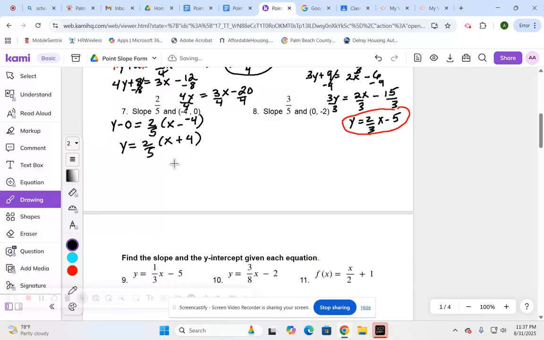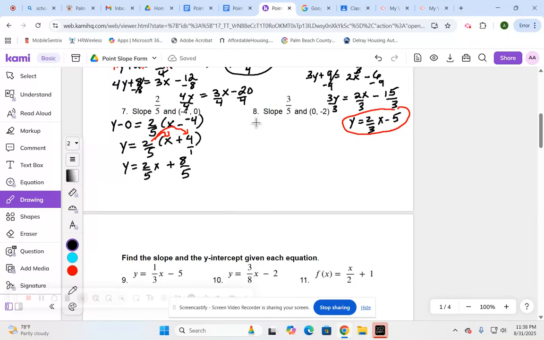We just need to distribute here and here. Y equals 2/5 x. And then we'll distribute here, 2 times 4. So we'll get 8/5. You can treat that as a fraction. 2 times 4 is 8 and 5 times 1 is 5. And that's our equation in slope-intercept form.